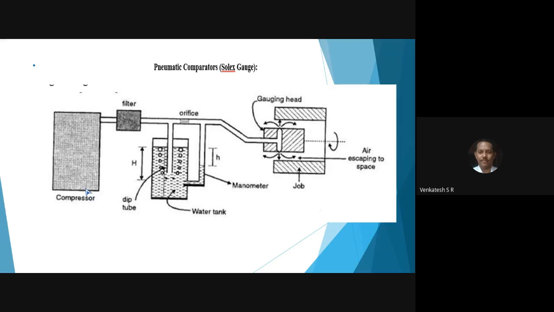So what is that unit, kg per millimeter square? In 1 millimeter square area, you have the pressure 0 to 100.